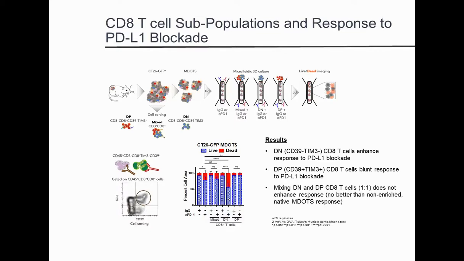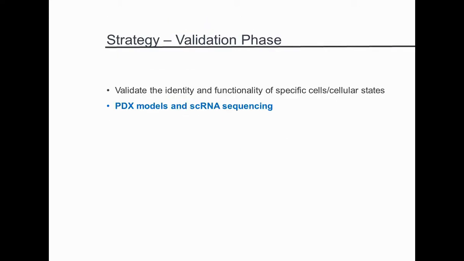However, and interestingly, if we add the double positive, the CD39 positive, TIM3 positive CD8 T-cells, the bad guys, not only do we not enhance killing, but we actually blunt the killing that was observed in the unperturbed native conditions. This did point to and, I think, confirm the suspicions that the balance between these two CD8 T-cell states was really important for driving the immune-mediated killing.